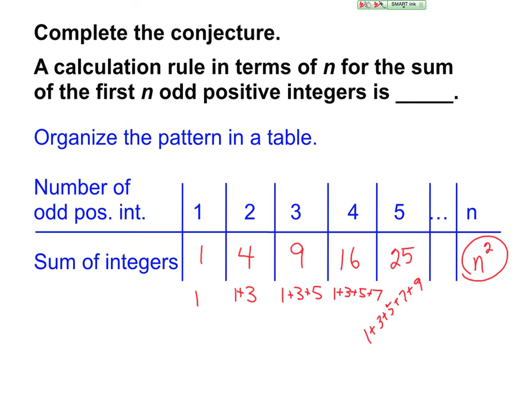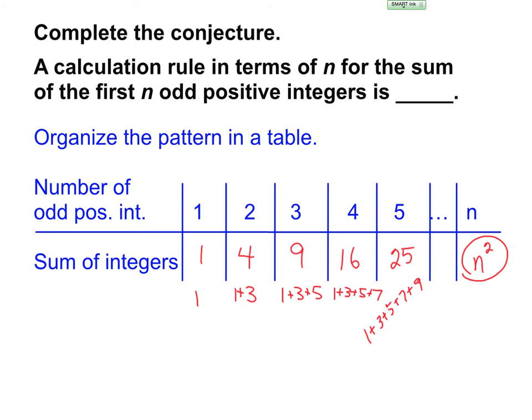Now this type of conjecture can help you predict things. So if there are 10, the first 10 positive odd numbers will add up to be 100. What were the first 12 positive odd integers, I should say, add up to? 144.